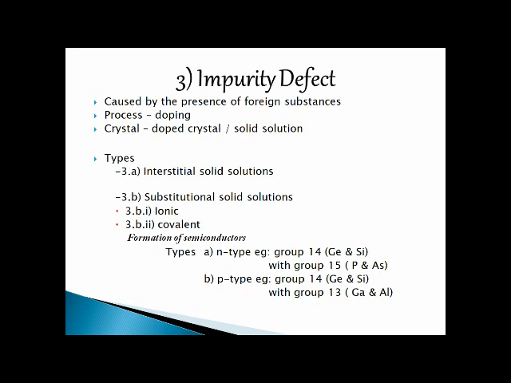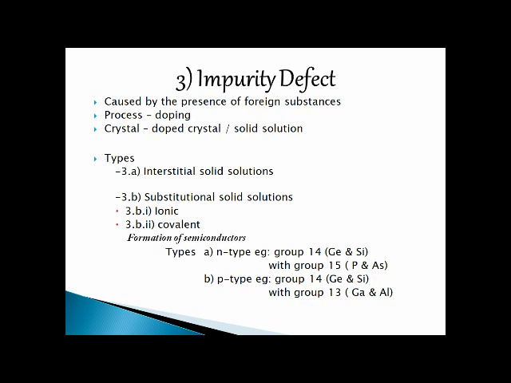That type of crystal is interstitial solid solution. Suppose in a crystal, the foreign substance replaces one of the lattice sites and occupies that space. That is known as substitutional solid solutions.